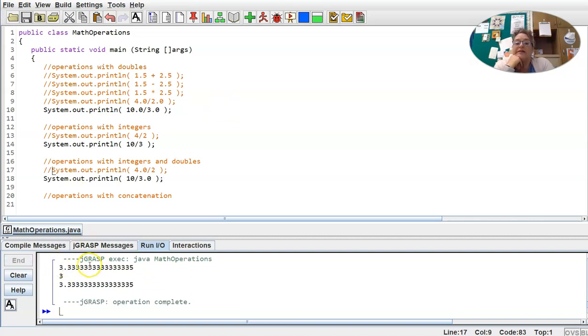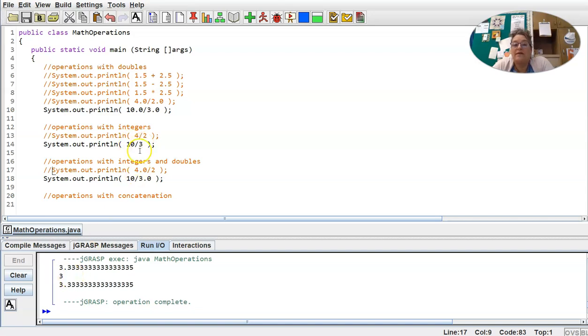Okay, so we can see in our output, when we divide a double by a double, we get a double answer. Same for the mix. When we take an int divided by a double, we get the same double answer. Okay, but when we divide an integer by an integer, notice it's truncated.